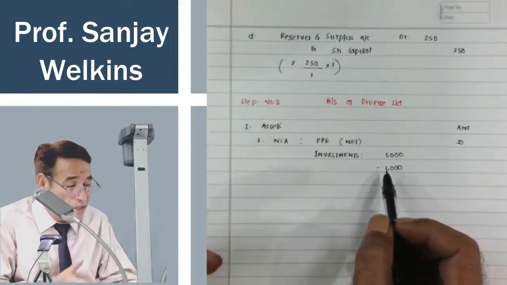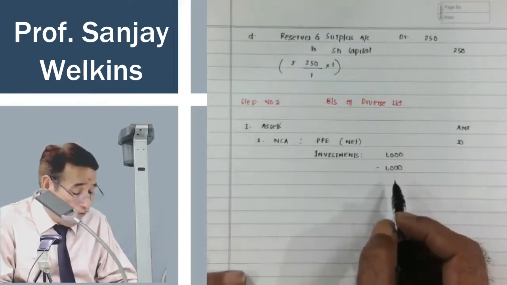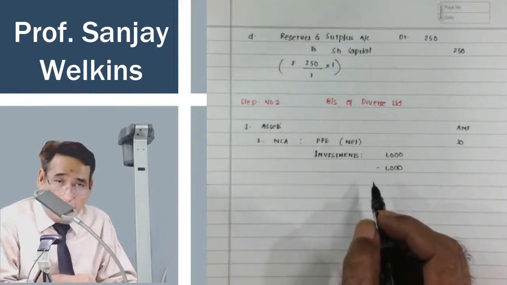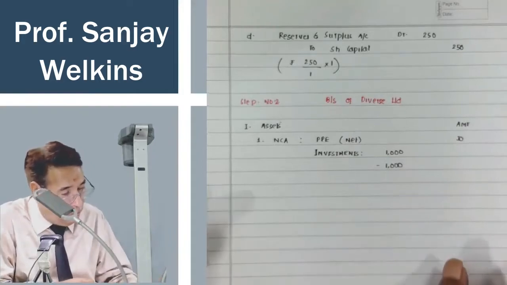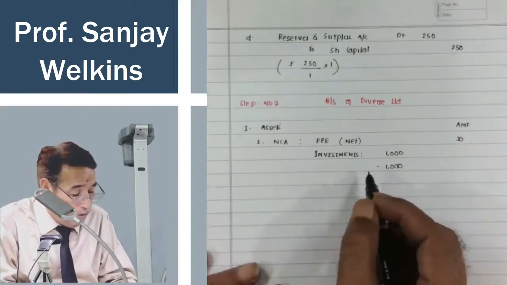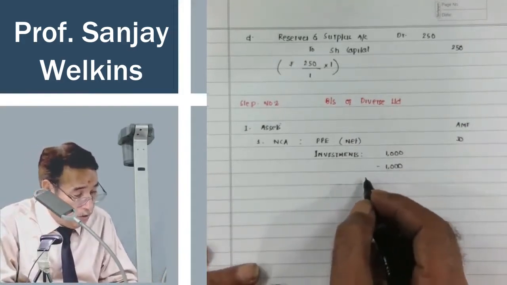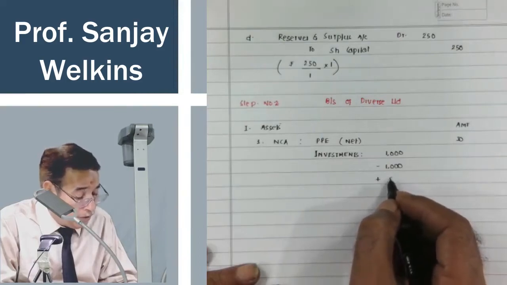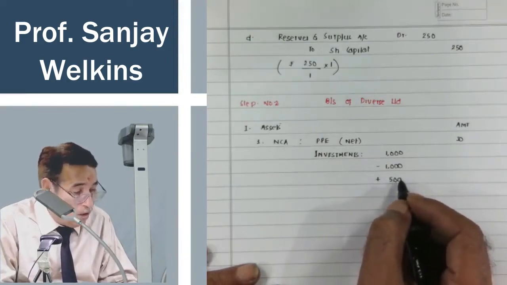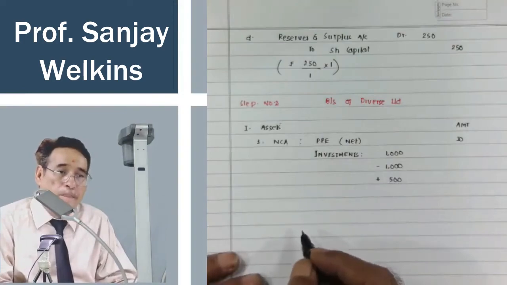So your investment becomes nil. However, don't forget that you have just made an investment. You have made an investment in the form of debentures, to the extent of 500. To the extent of 500.